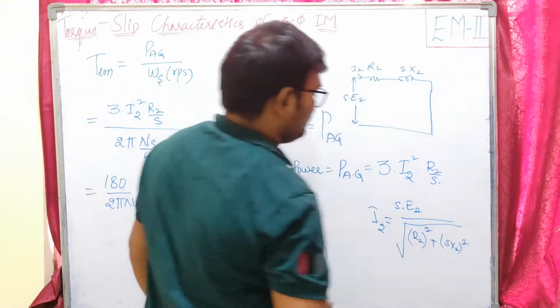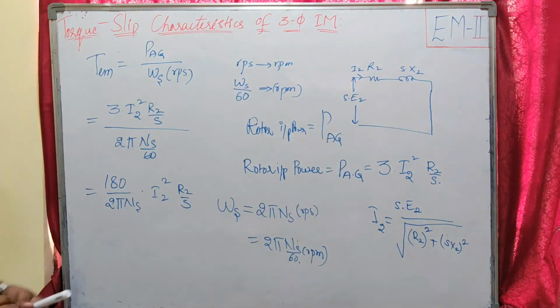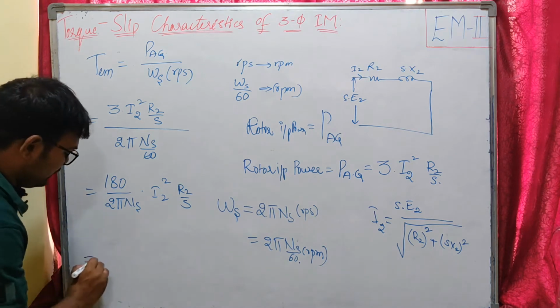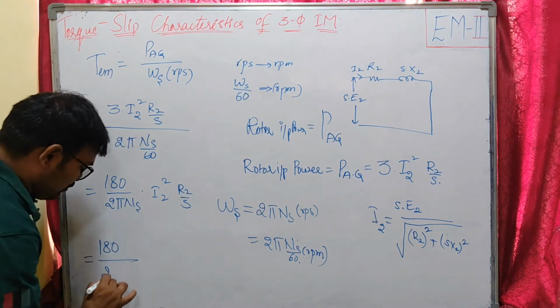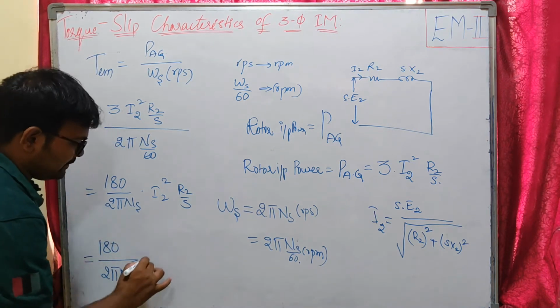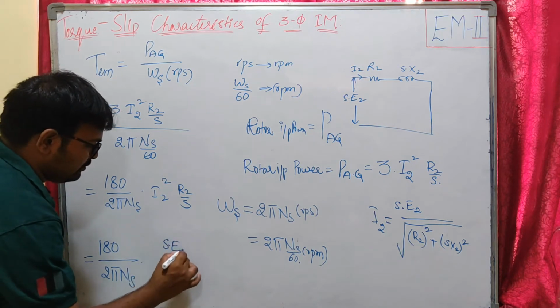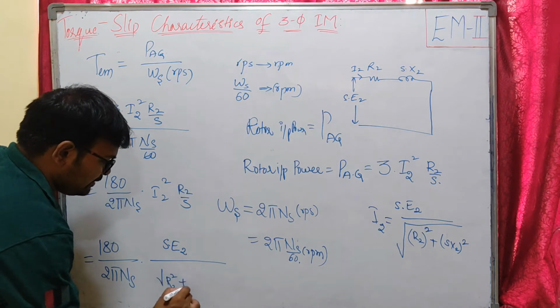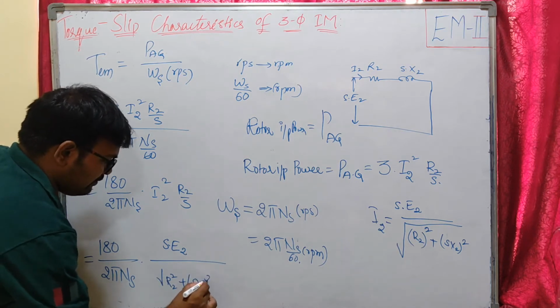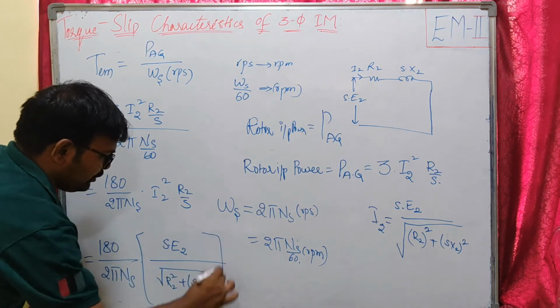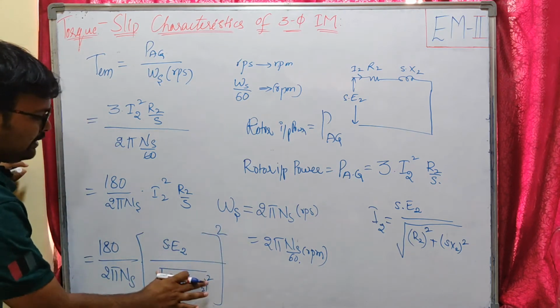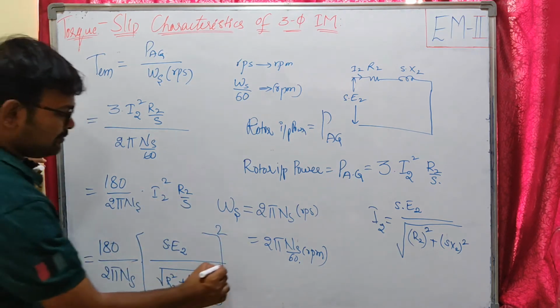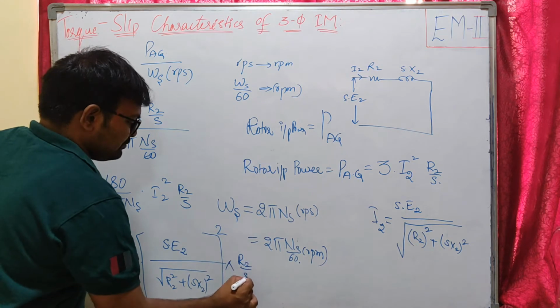This is my impedance, so this is the value of I2. I am going to substitute the I2 here, which will be equal to 180 times 2 pi ns into I2, which is S times E2 whole by the square root of R2 square plus SX2 square, and this is squared, into R2 by S.